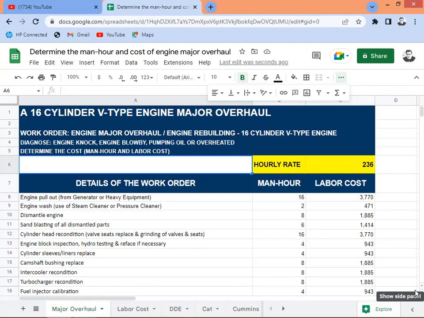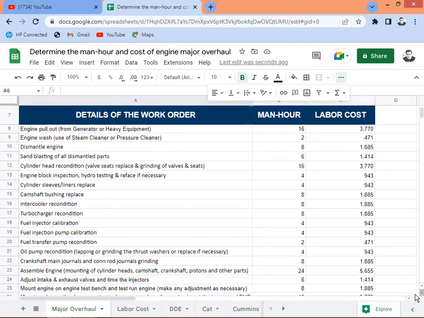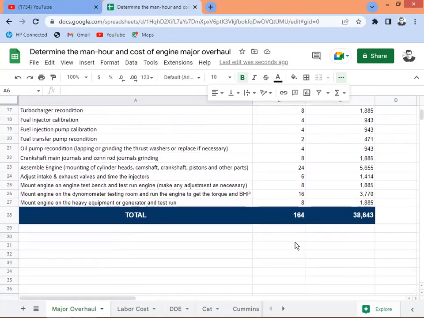And you see, this is around 164 man hours. We're going to divide that by 208 hours. It's around 3 weeks to do it.